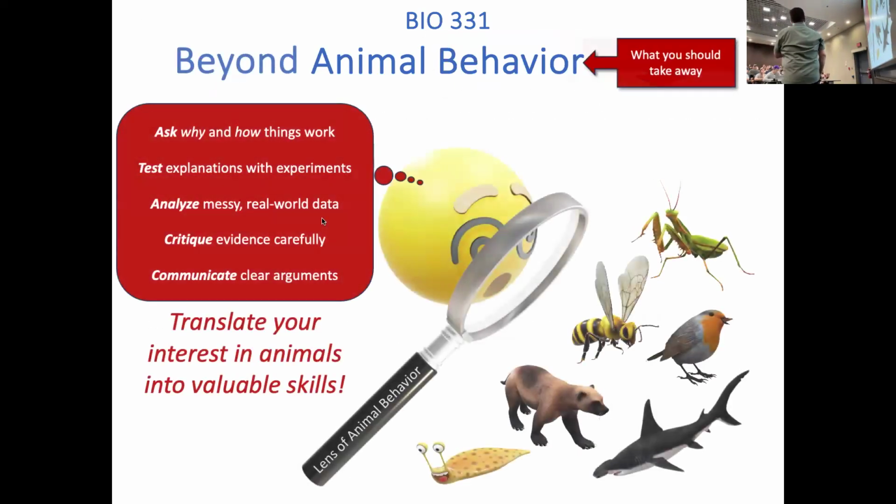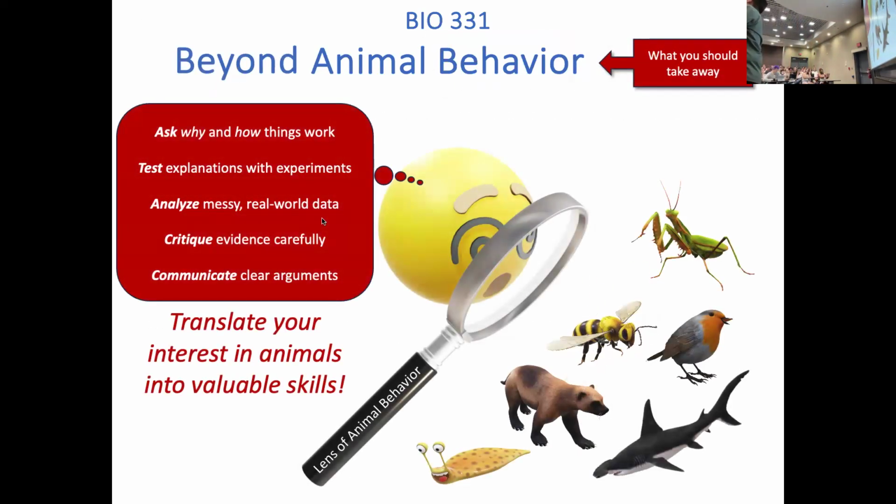drive home here is that although this course is at least proximally about animal behavior, really the tools that you get out of this course can apply across biology and beyond.